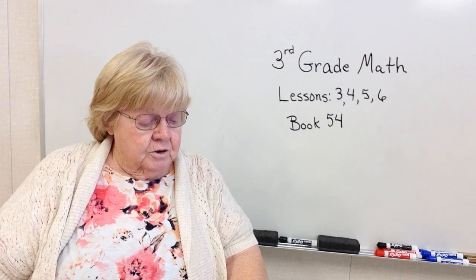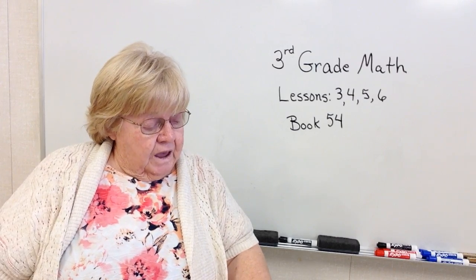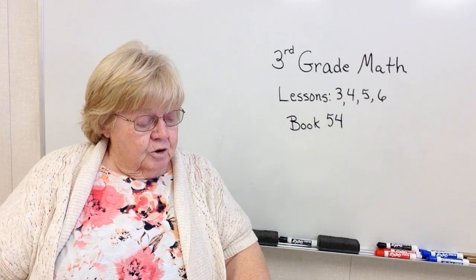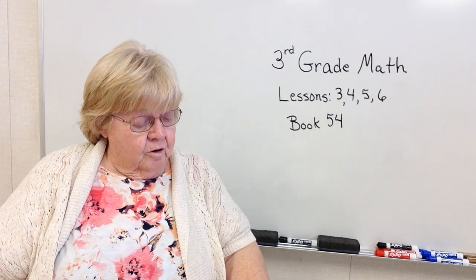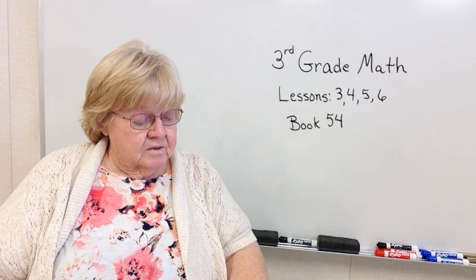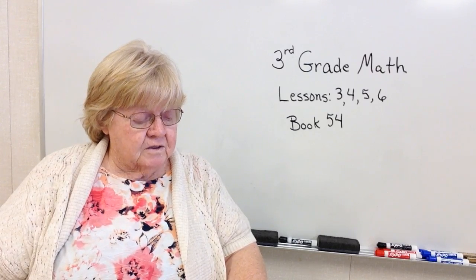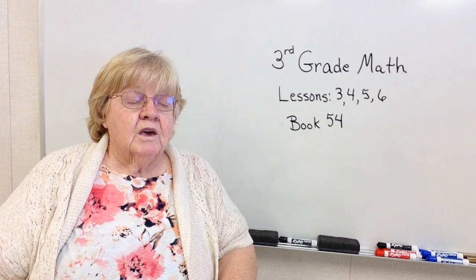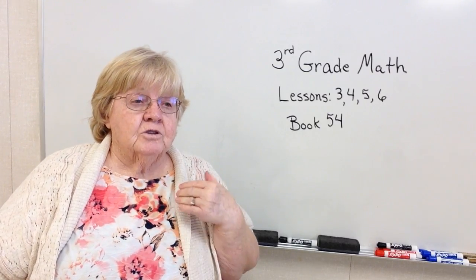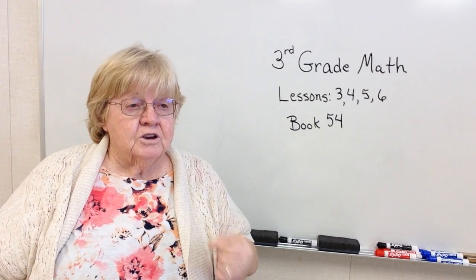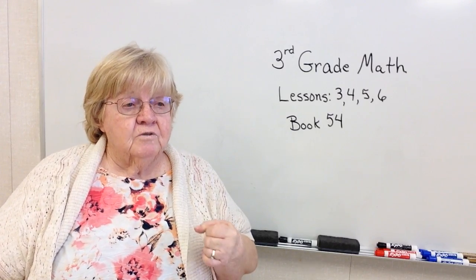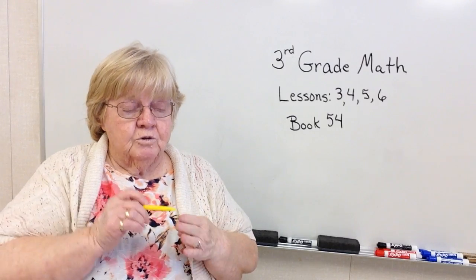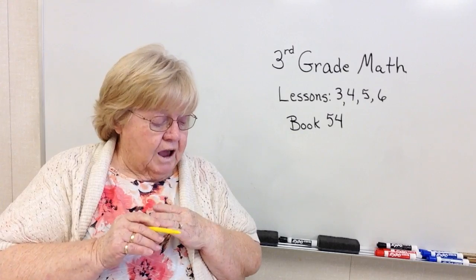The 3 numbers 2, 4, and 6 form an addition and subtraction fact family. 2 plus 4 is 6, or 4 plus 2 is 6. 6 minus 2 is 4, and 6 minus 4 is 2. Remember, when they give you 3 numbers in your lesson and want the fact, addition, and subtraction families, you need to have 4 problems. 2 addition and 2 subtraction.